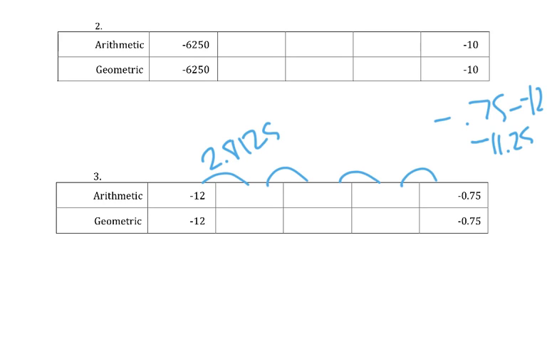So negative 12 plus 2.8125 gives us negative 9.1875, and plus 2.8125 again, negative 6.375, plus 2.8125 would be negative 3.5625, and then add plus 2.8125, and that gives us negative 0.75.